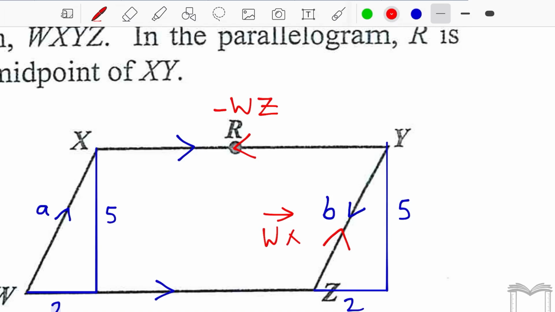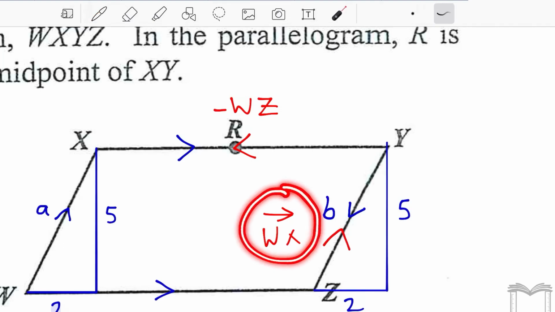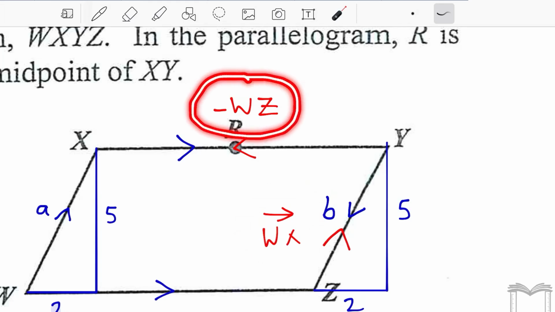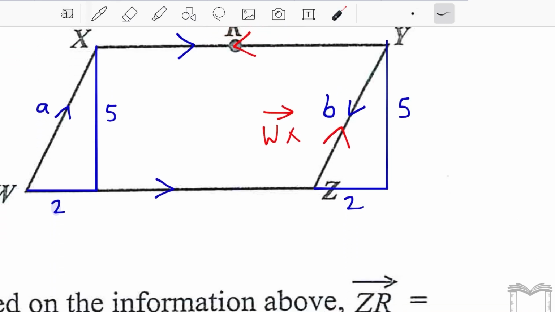So from Z to Y would be WX, and then from Y to R, they said R is the midpoint of YX, and we know YX is also equal to negative WZ. So half of that would simply be negative half WZ, which would be a.